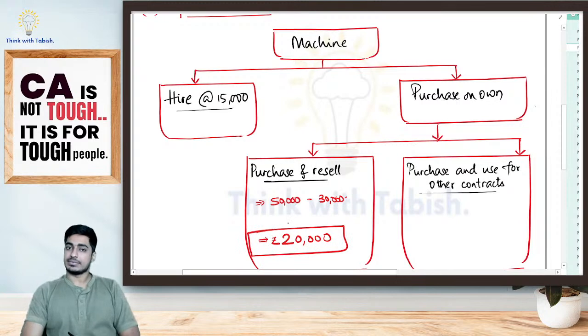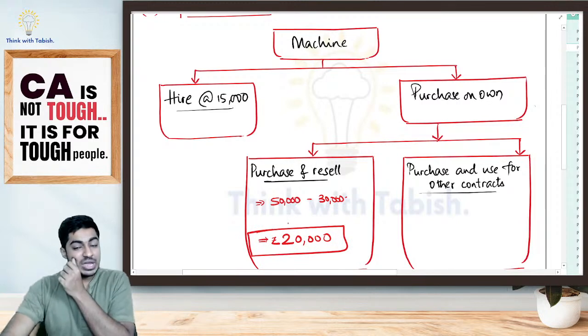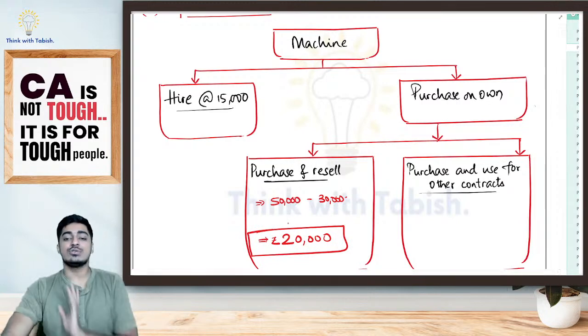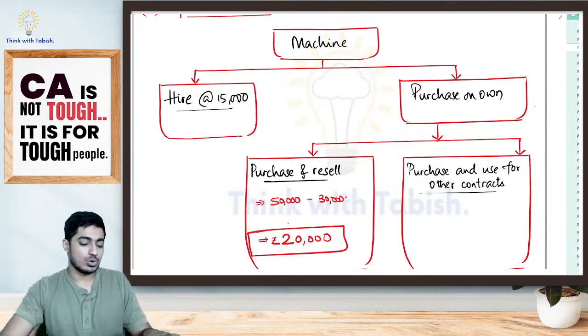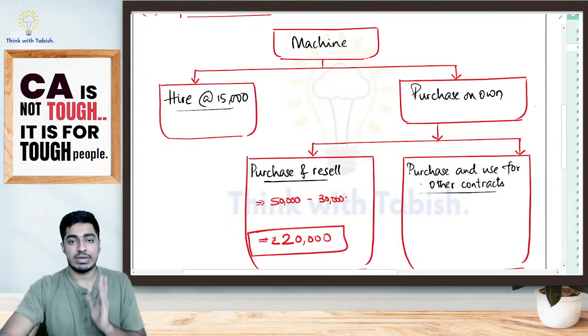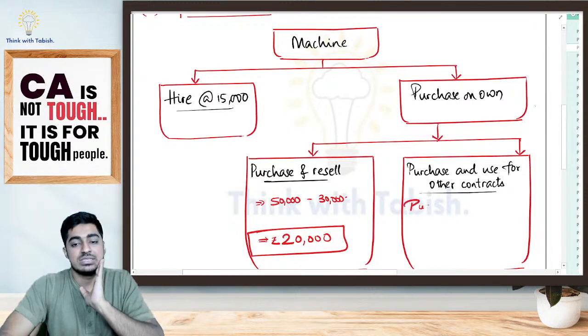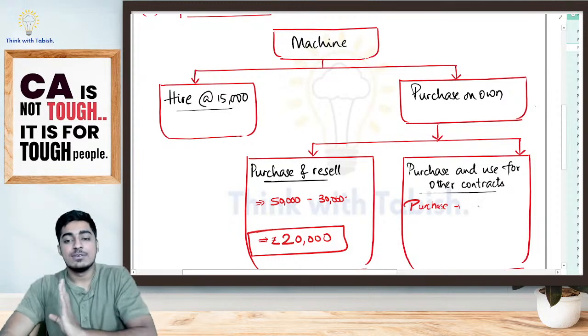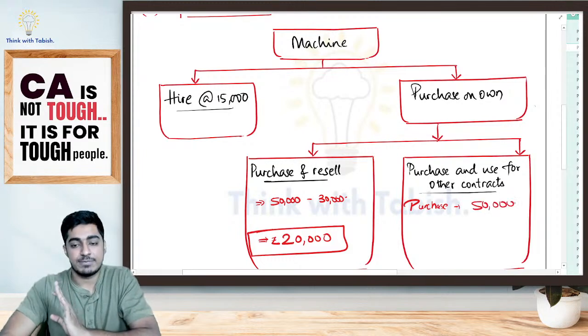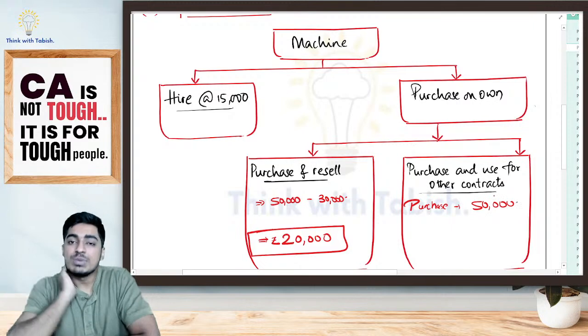Is it clear? Now, look at the third option, purchase and use for other contracts. What the question is telling is, now at point 0, you purchase the machine. How much cash have I paid? 50,000 rupees I have paid. Now, use of the machine is over. Now I was thinking, should I sell the machine?